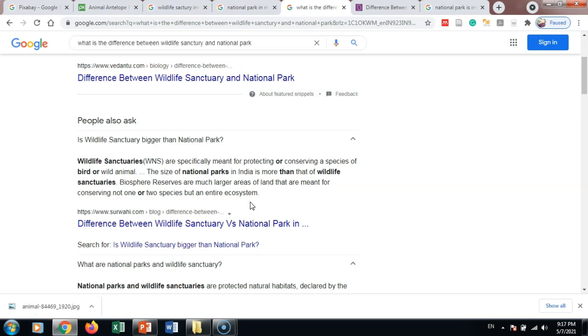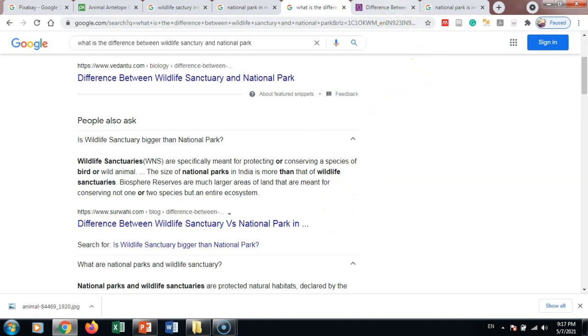As we have seen, some activities are allowed in wildlife sanctuaries while it is totally illegal in national parks. And when we talk about the size, the national park's size is much bigger in India than the wildlife sanctuary. But size is not a specific criterion that a wildlife sanctuary should be smaller than a national park or vice versa. Generally in India, the size of national parks is bigger.